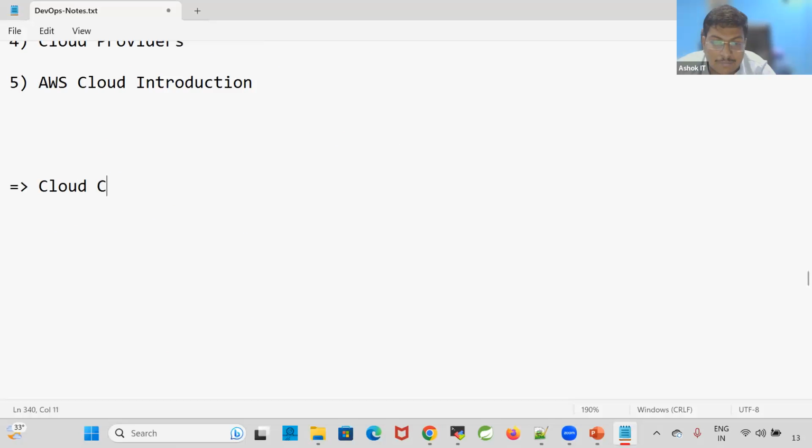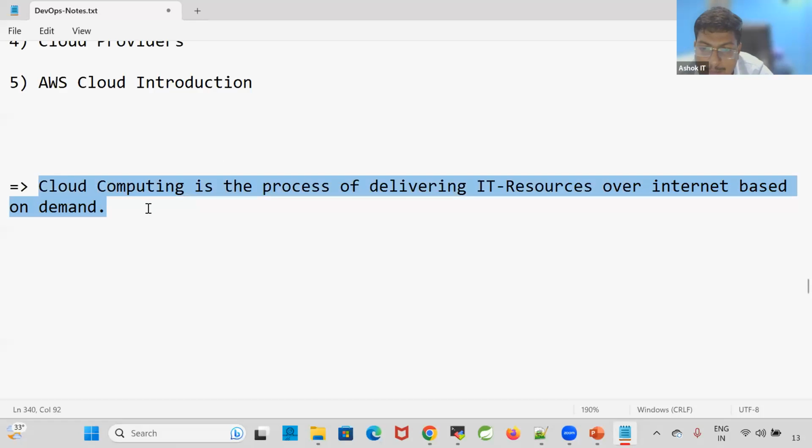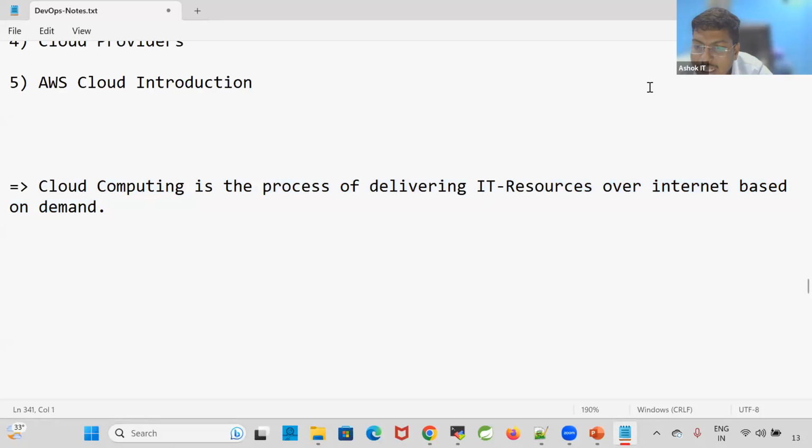Cloud computing is the process of delivering IT resources over the internet based on demand.